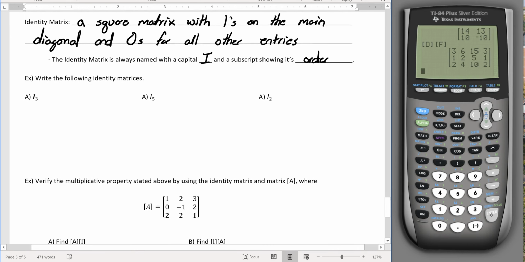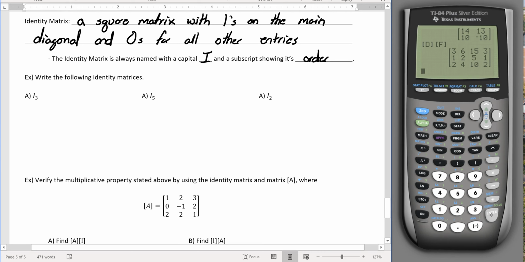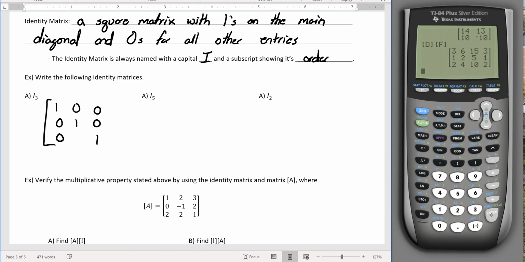All right, so let's write the identity matrix here. So I of 3 would be the identity matrix that's 3 by 3. So a 3 by 3 square with 1s on the main diagonal and 0s everywhere else. That is the I3 identity matrix. I5 would be a 5 by 5 square. I'm going to have a lot of space here with 1s on the main diagonal and 0s everywhere else.